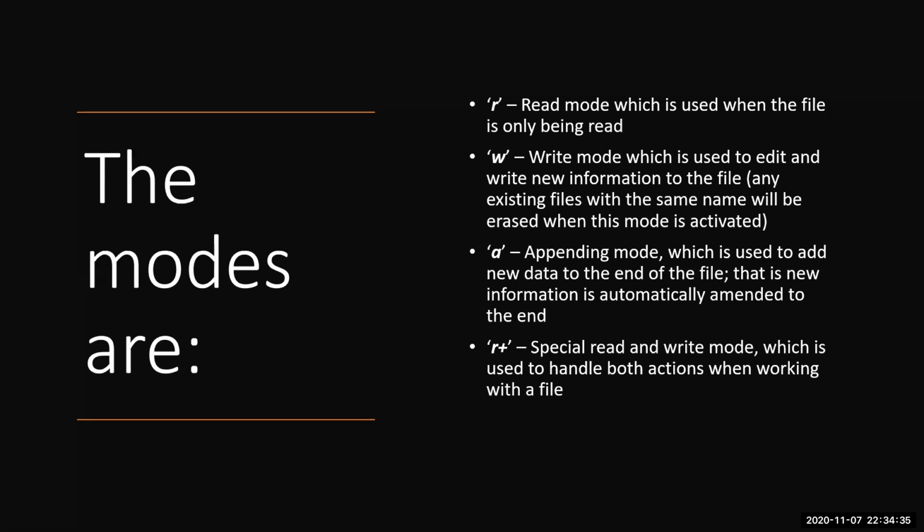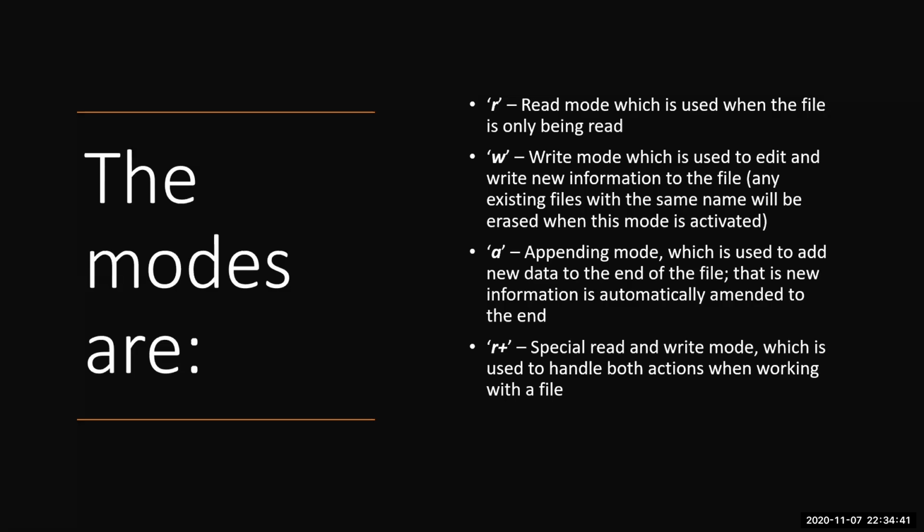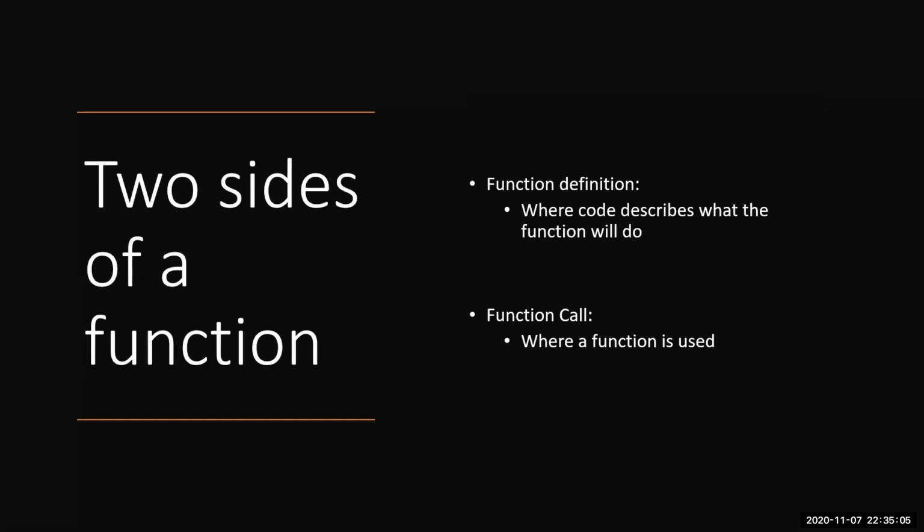So we have different modes. When I call a particular file name and ask for R, I'm asking it to read; W is to write; A is to append, which is to add to it; and R plus is, if the file exists, it doesn't need to create it, but if it does not exist, it should write the file and read whatever I'm trying to put into the file.